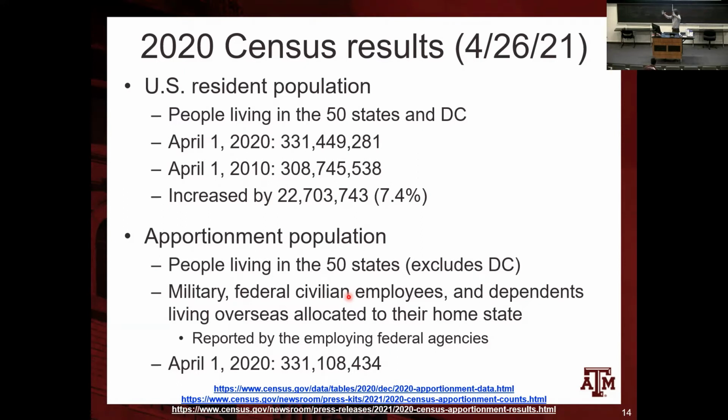And that overall population that will be considered for all the redistricting, the redrawing of congressional districts, was also around 330 million people. But this number here decreases because DC is not included, but increases because we added these people, right? So that's why these numbers are different.